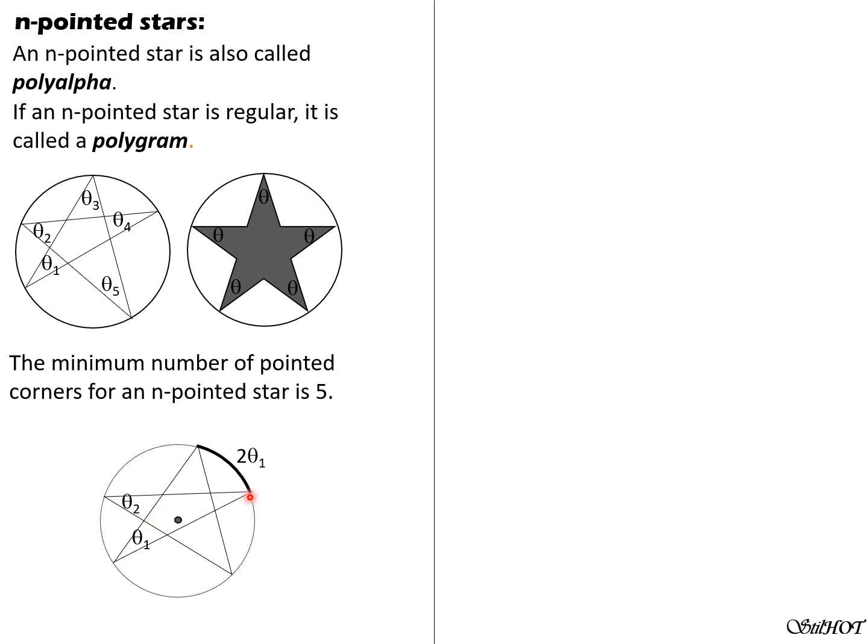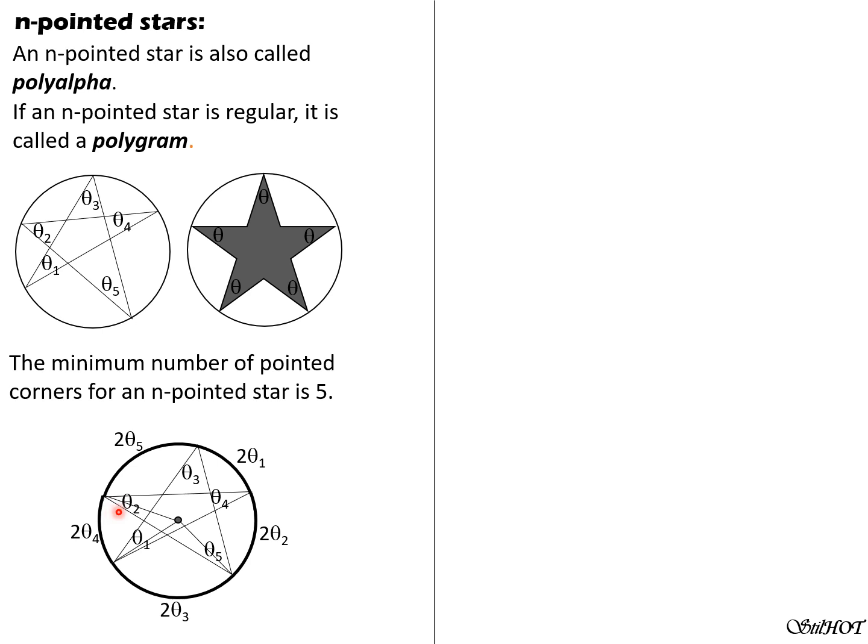This is theta 2, and its arc occupies 2 times theta 2. This is theta 3 and this is 2 times theta 3. If that is theta 4, then this is 2 times theta 4. Finally, this remaining angle is theta 5, then that's 2 times theta 5.